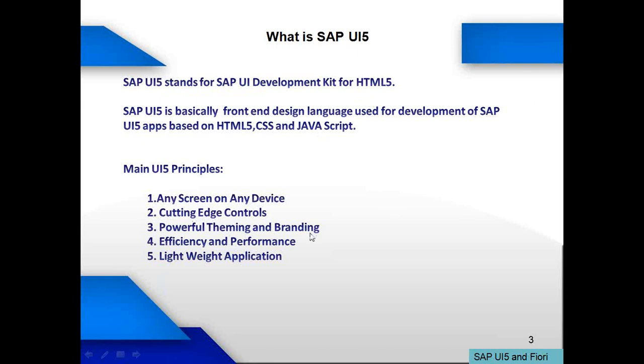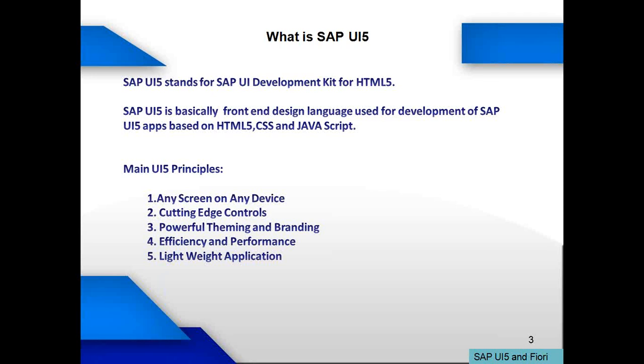And then powerful theming and branding. SAP has many theming designs, so you can customize the theme and branding according to your needs. And efficient performance, lightweight application. The SAP UI5 application is very responsive. It won't give any lag in user interaction.